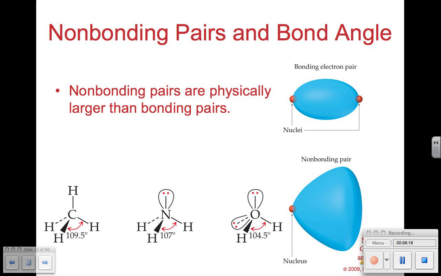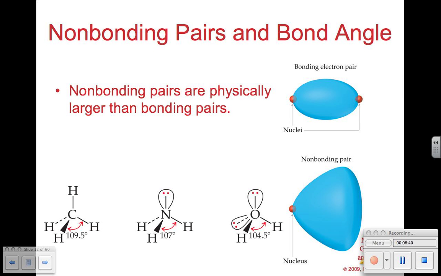All the shared electrons in the bonds are repelling each other equally to get an angle of 109.5. Now with ammonia, where you've got one lone pair of electrons and then the rest are bonding pairs, the lone pair actually pushes those hydrogen bonds closer to each other than the hydrogens are in the methane.